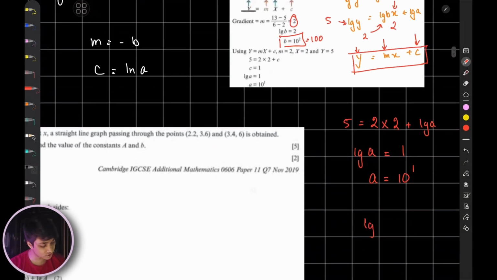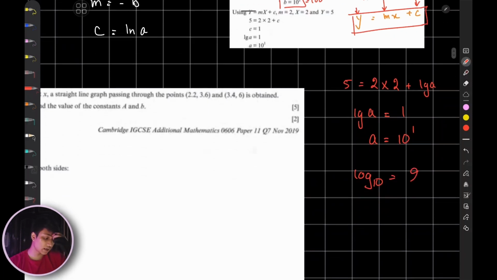Again, remember, lg is nothing but log base 10, right? And whenever we work with logarithms, for example, lg of a term is equal to 9, how do you make a the subject and find the value of a?